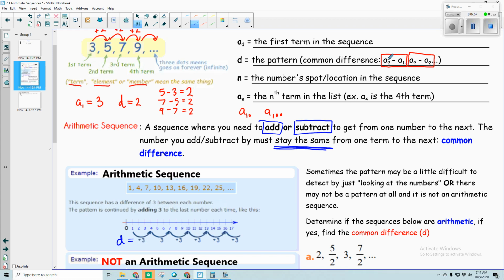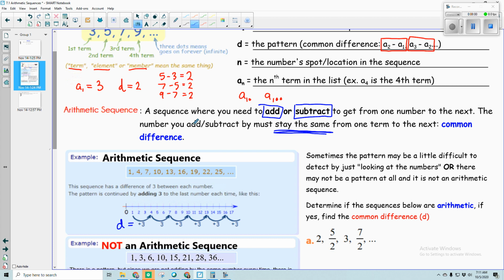So I'm just going to take A2, so the second term in that sequence, which is 5 halves, and I'll subtract the first term, which is 2. So what is 5 halves minus 2? Okay, well, it looks like that's 1/2, or 0.5.